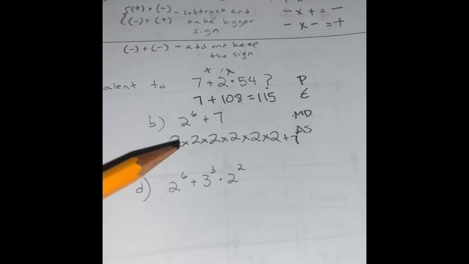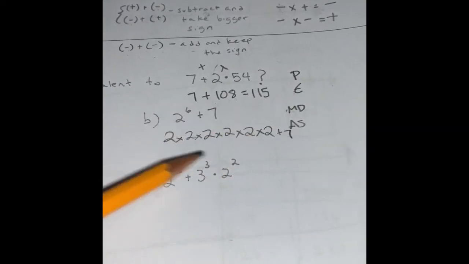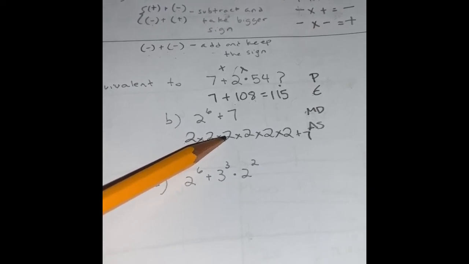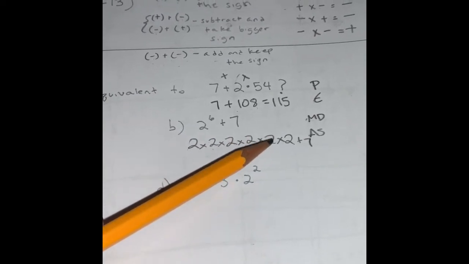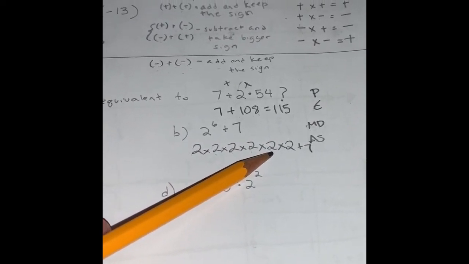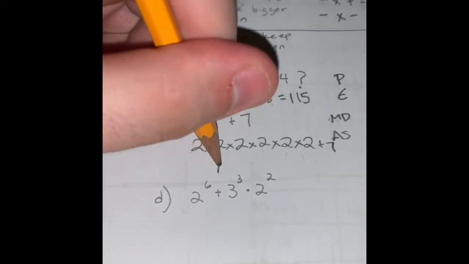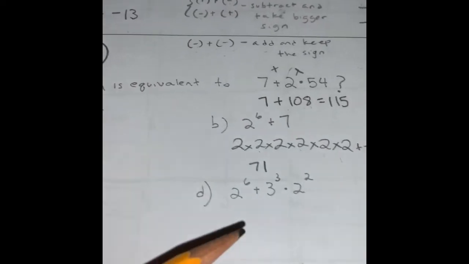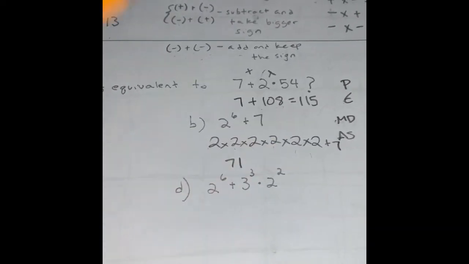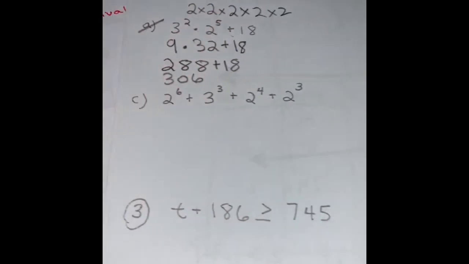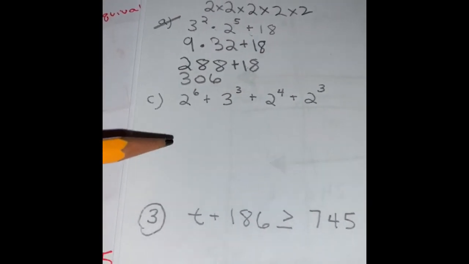So since the multiplication has to come first, I'm going to do the multiplication. 2 times 2 is 4, times 2 is 8, times 2 is 16, times 2 is 32, times 2 is 64, plus 7 will give us 71. And is 71 equivalent to 115? It's not, so I'm going to cross off B. I'm going to go down to answer choice C now.